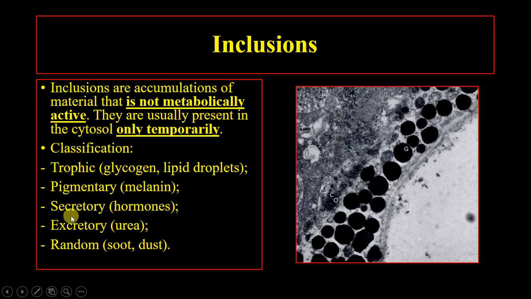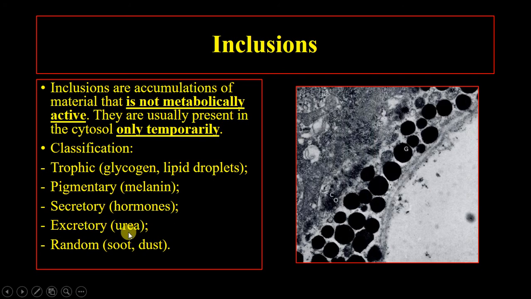The next type is the secretory inclusion. The classical example is hormones, substances which must be secreted from the cell. And another type of inclusion is the excretory inclusion, for example, urea.